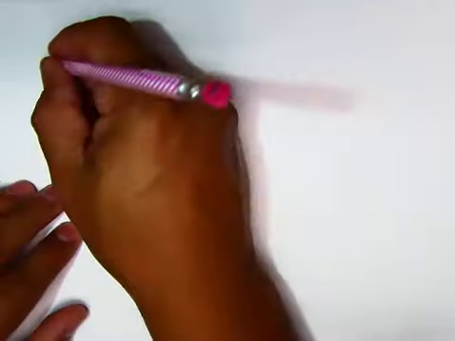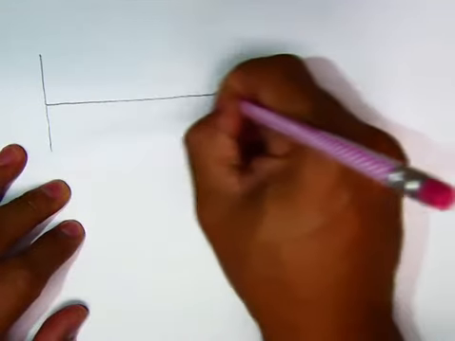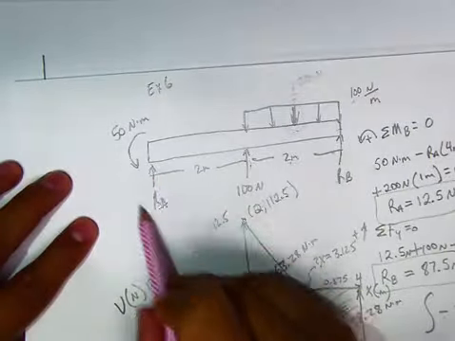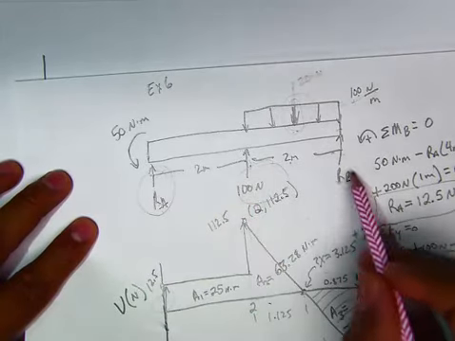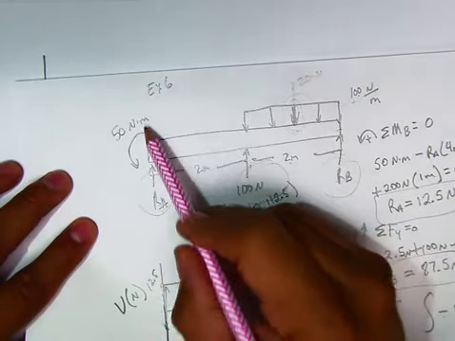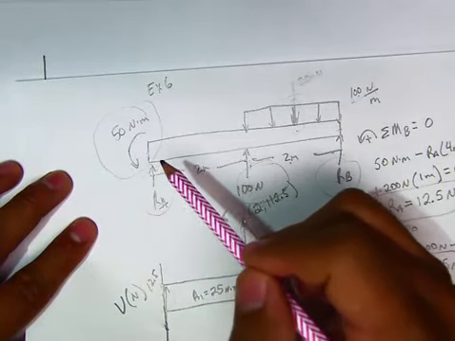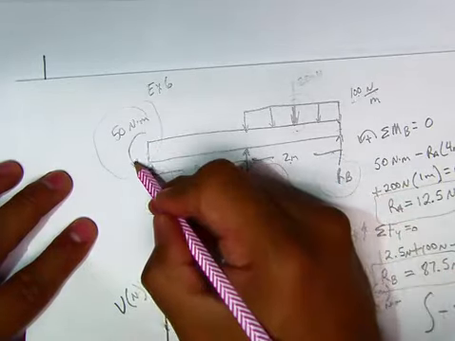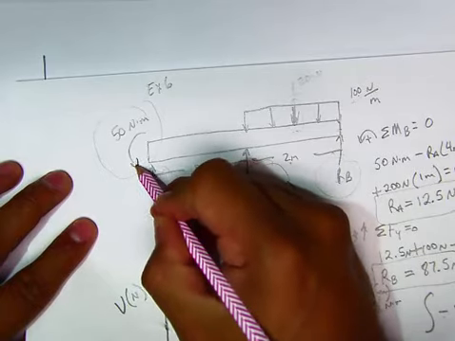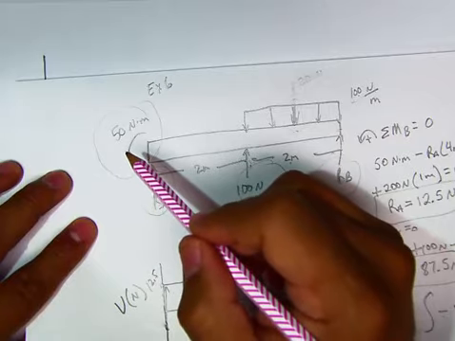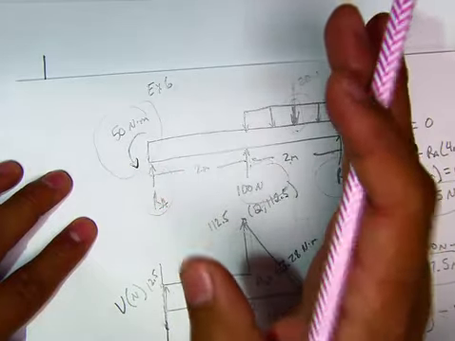So, for our moment diagram, we have to come in with the understanding that just like these guys produce jumps in our shear diagram, these guys also produce jumps in our moment diagram. This is the only part that is counterintuitive. We usually consider counterclockwise to be positive. This is the only time.